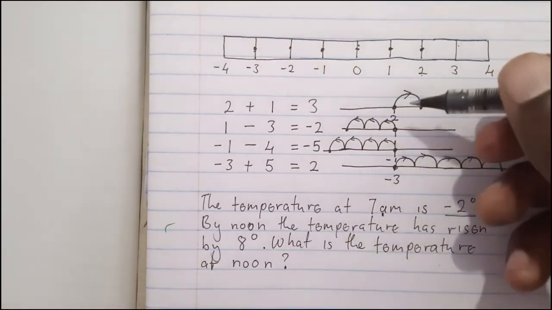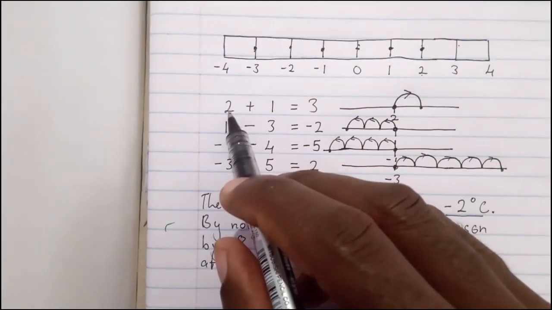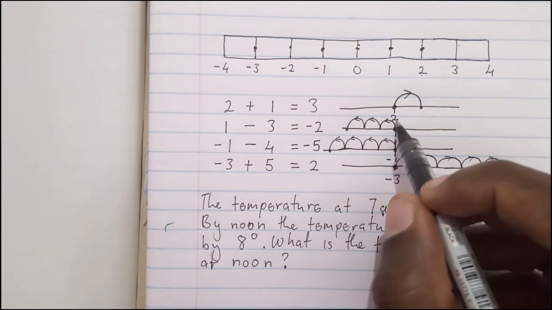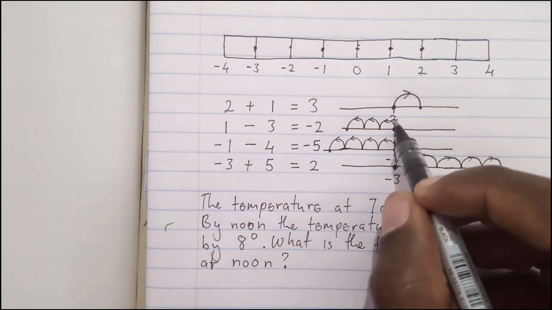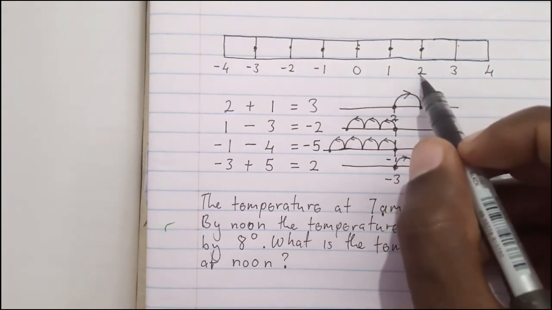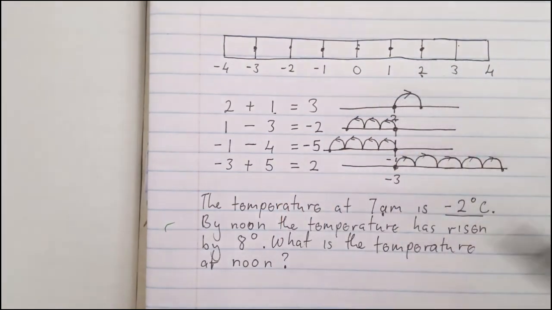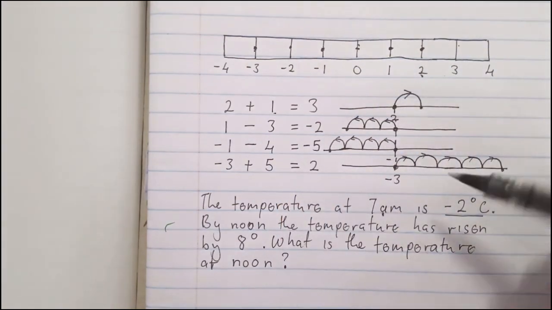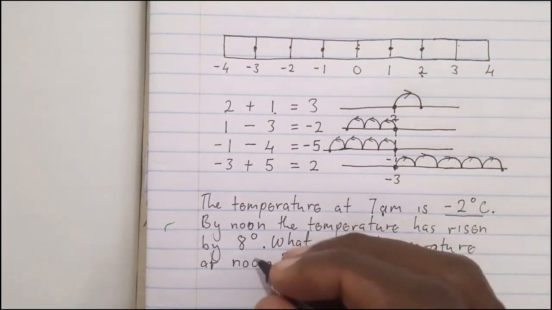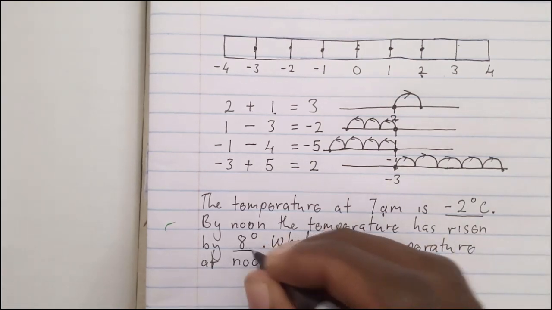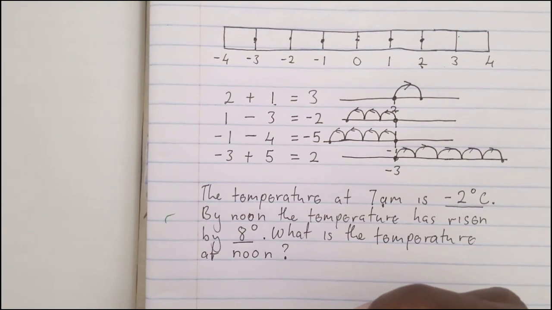Okay? Remember, just like above here, 2 was a position because it was a specific point on our line. Okay? Then 1 was the steps we took. So having seen that, you can also realize that the 8 degrees will become our steps.